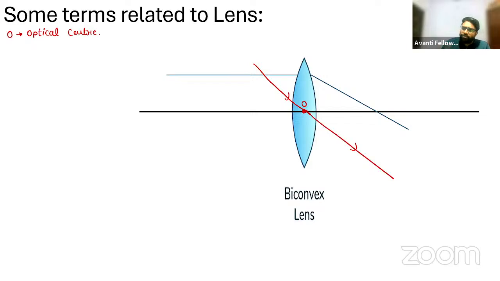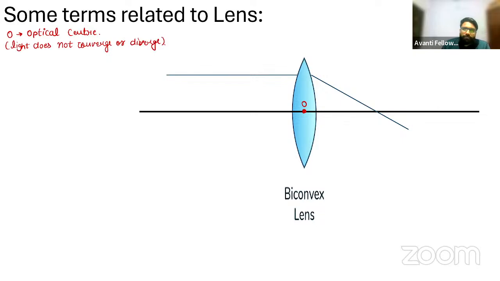It will not converge or diverge. So this is the property of the optical center. It is the same as the pole in mirrors. So light does not converge or diverge at this point. Okay.